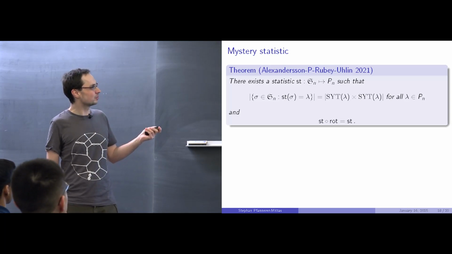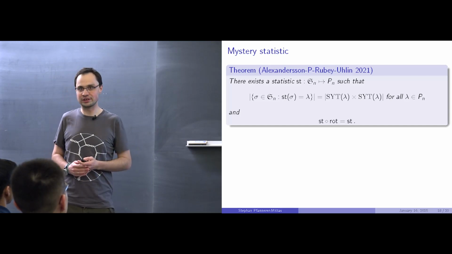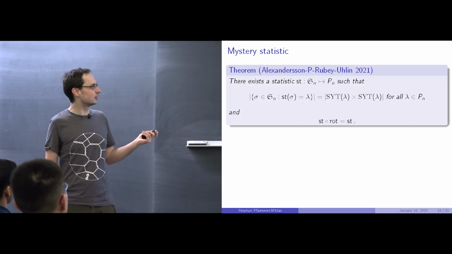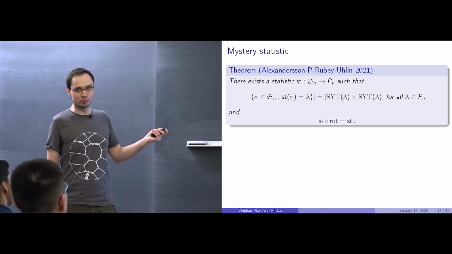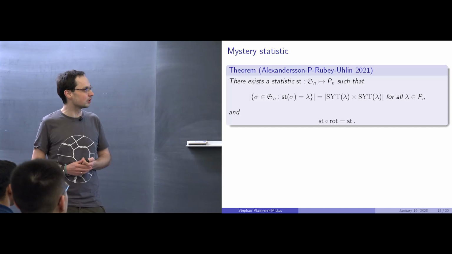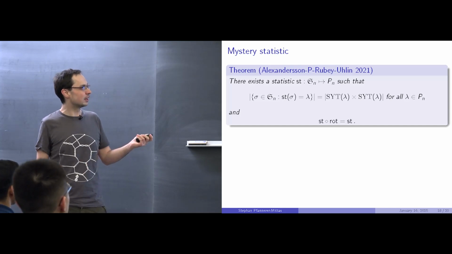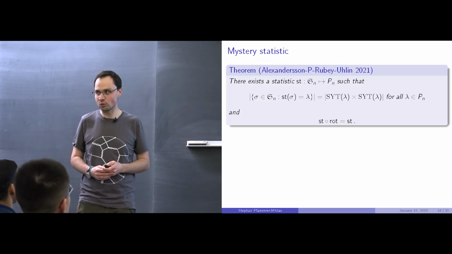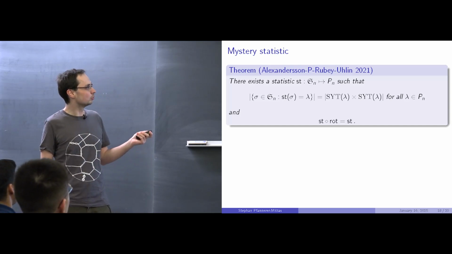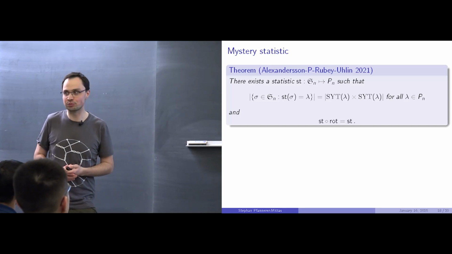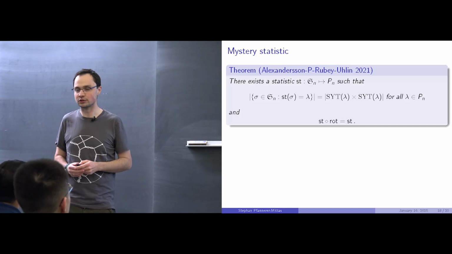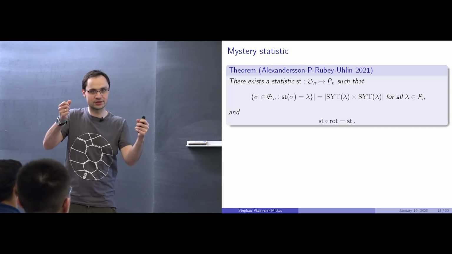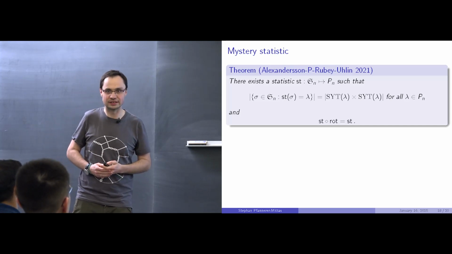So a map from permutations to partitions such that the cardinality of all my permutations getting the statistic value lambda is given by the number of standard Young tableaux of shape lambda squared. So this is the first property, and moreover that statistic is preserved by rotation. So if I rotate my permutation, I get again the same statistic value.